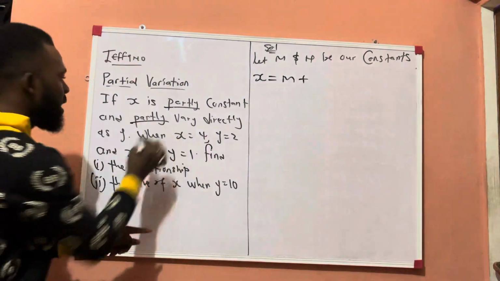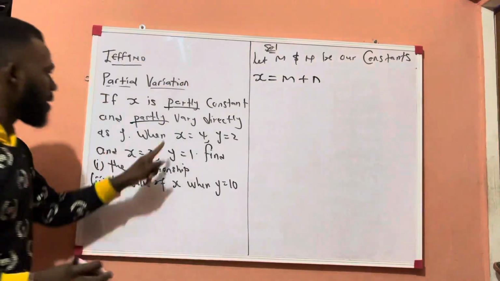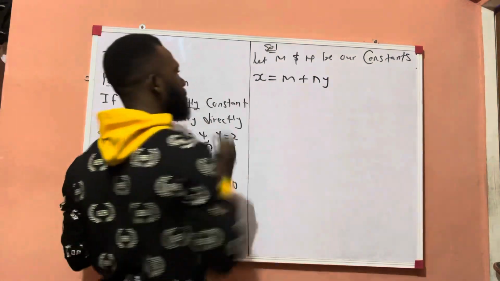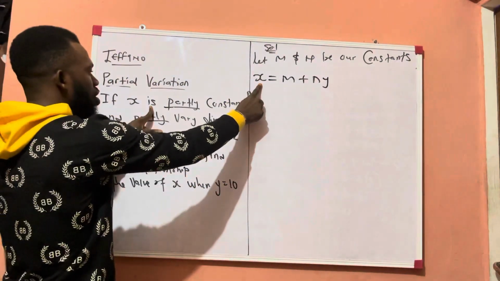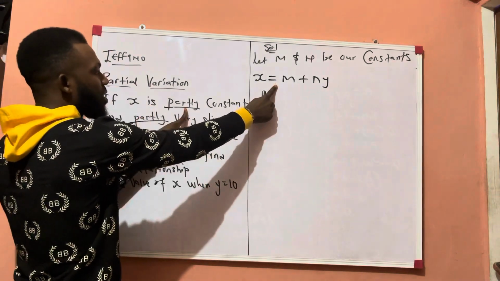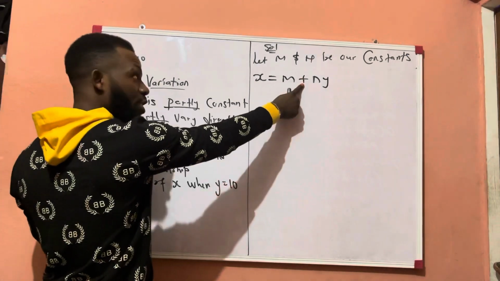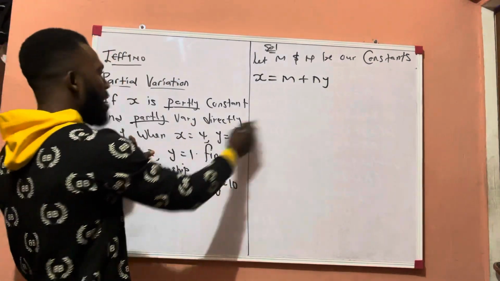Partly, you see again the other partly, you introduce your other constant, which is n. Now, vary directly as y. This is my y. I come again. If x is an equality sign, partly introduce your first constant and replace it with addition sign. Partly, you introduce your second constant, vary directly as y.